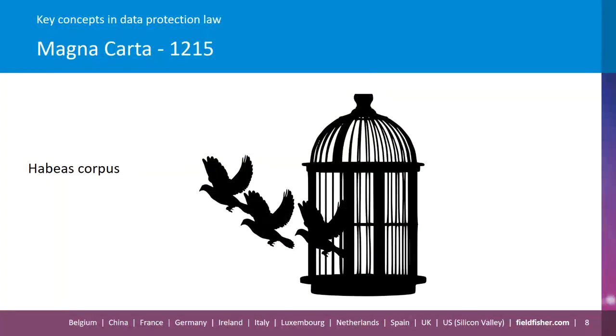And the writ of habeas corpus comes from medieval Latin, meaning that we, the court, demand that you bring before us the body of the detainee to decide whether the imprisonment's lawful. And that was a really crucial journey in human rights in the UK all that time ago. And as I say, the way of thinking about data protection law perhaps is that we're now trying to establish those same rights, but in our new world, in our digital, virtual world.